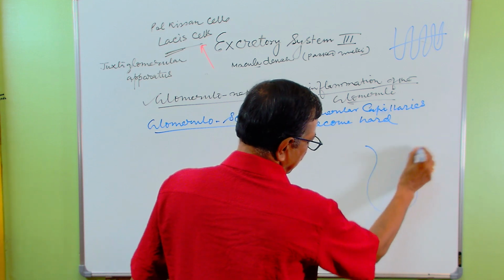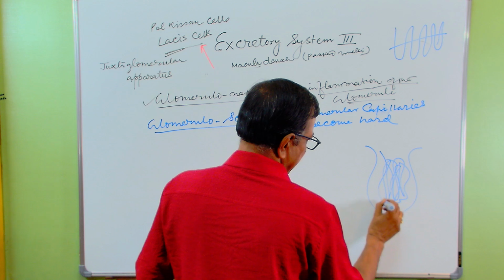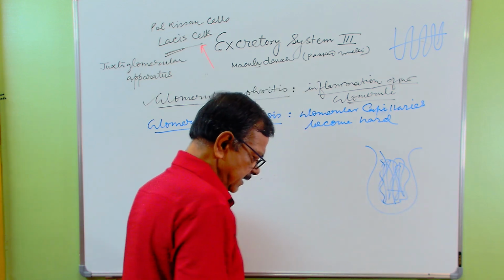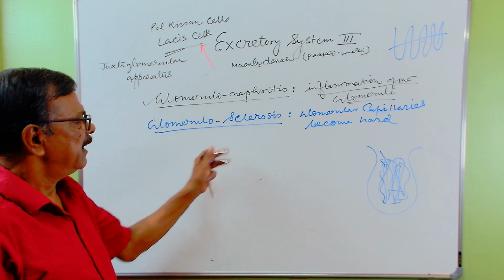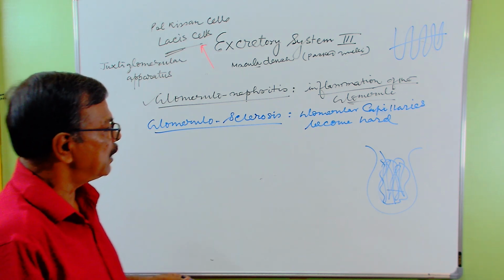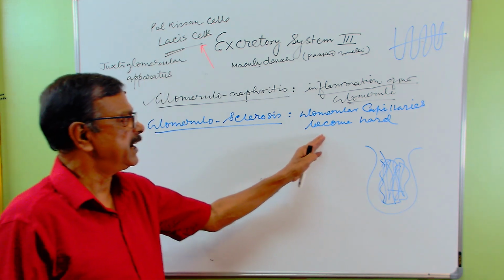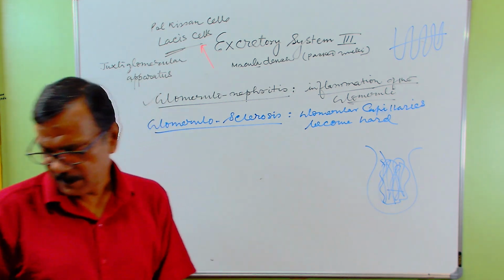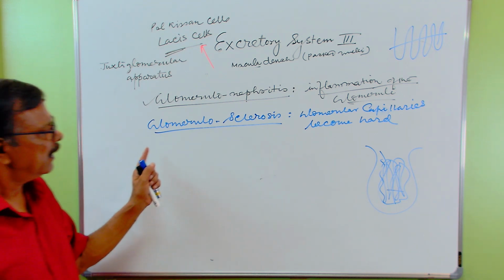So if the glomerular capillaries become hard, they cannot pass out the urine, they cannot filtrate. It is a very dangerous disease. It may cause kidney failure or renal failure if not treated earlier. It is called glomerulosclerosis.